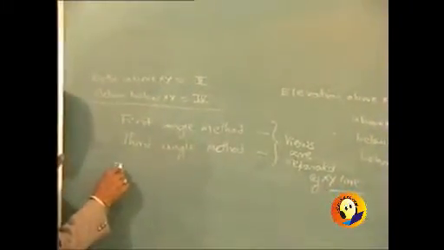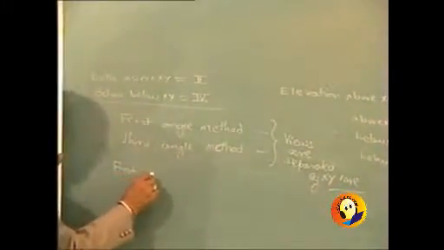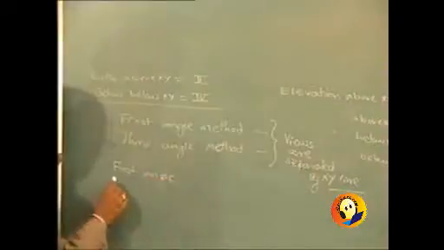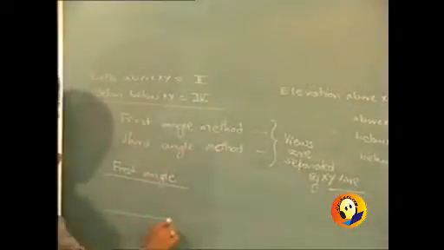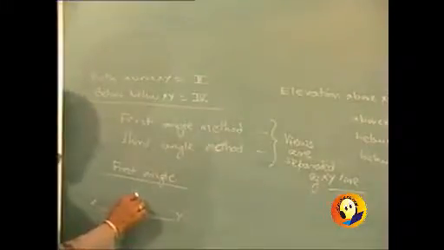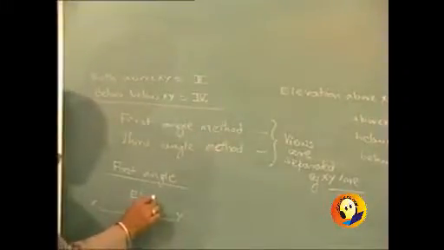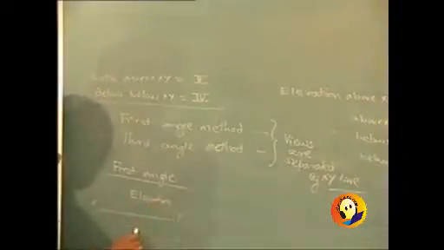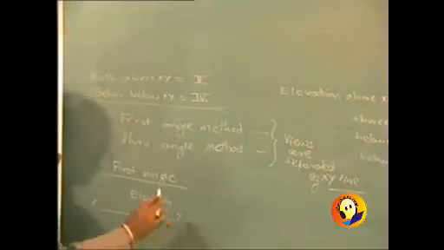And so we say that in the first angle method of projection, with respect to the XY line, you will have elevation above XY line and plan below XY line.